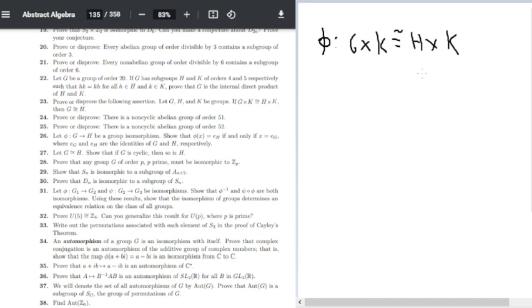Now, we have an inclusion from G into G times K, given by g is sent to (g, 0).